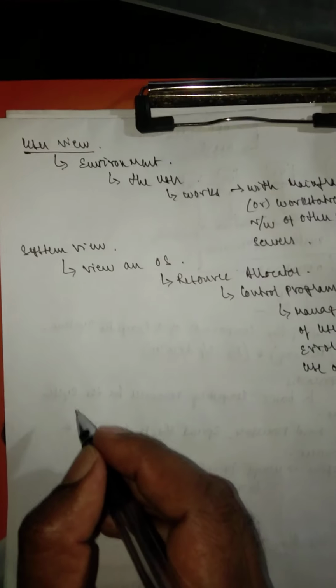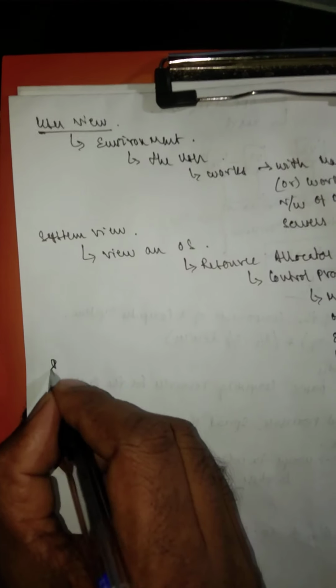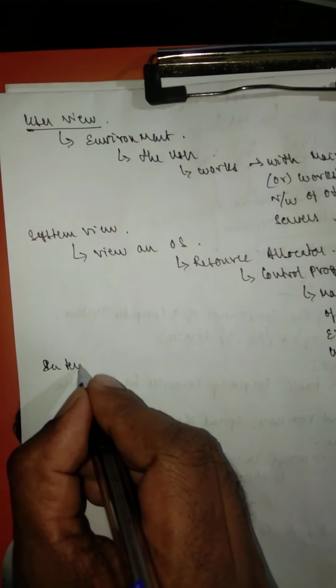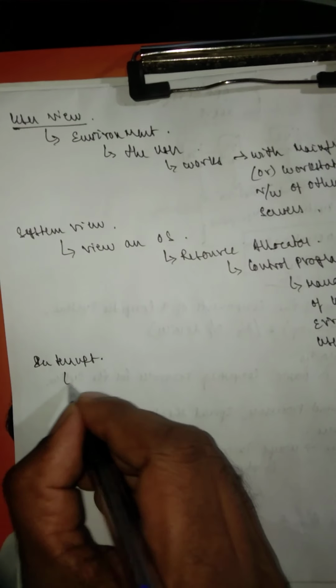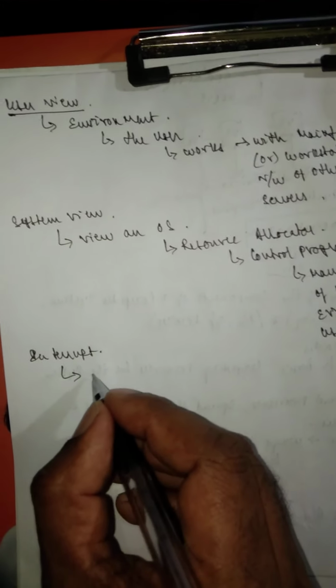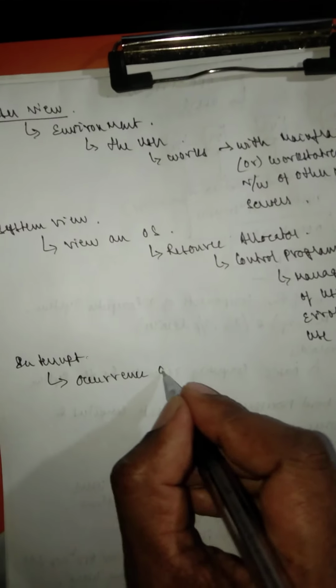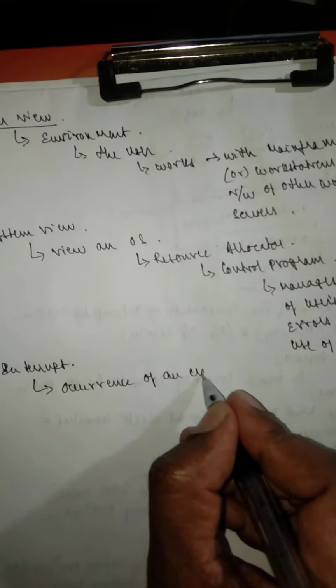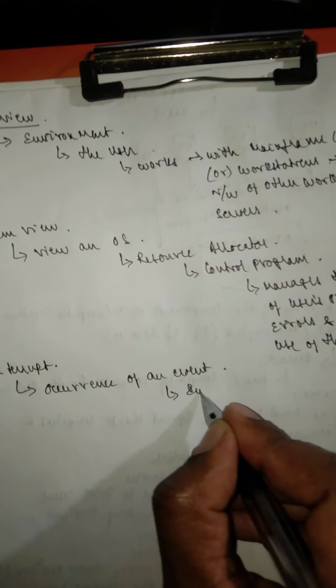Now let us get into the next one, that is the interrupts. So basically, an occurrence of an event is usually called as an interrupt.